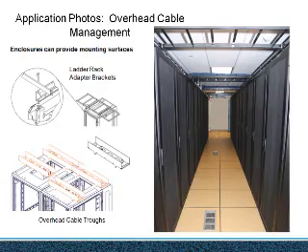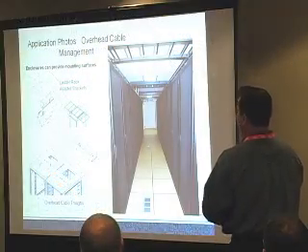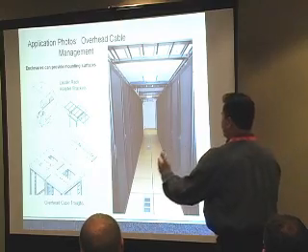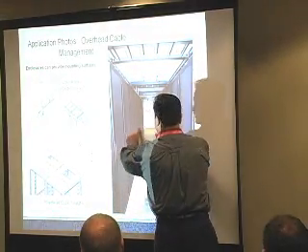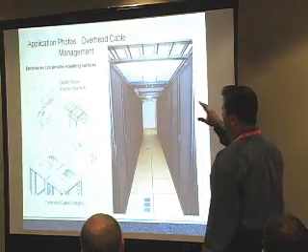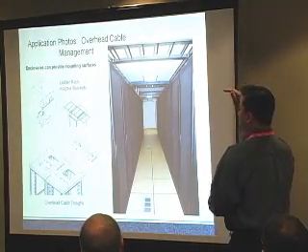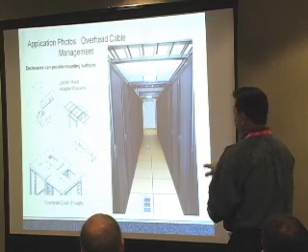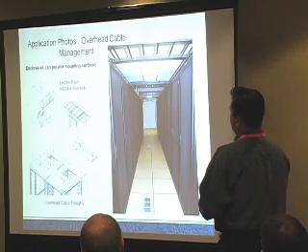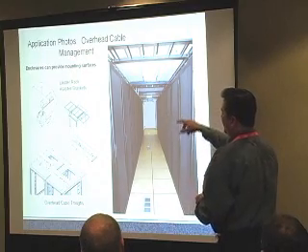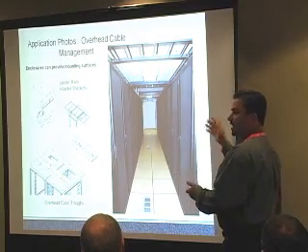Still showing some other applications with this. This is typically what you would think would be the cold aisle. These are all the air intakes, and the air managers are all in here. But these cabinets support the cable management overhead. All the data is overhead, all the power is underneath. This is an 18-inch raised floor. This is just to show some of the ladder rack, basket tray, and cable troughs that the cabinets actually support.